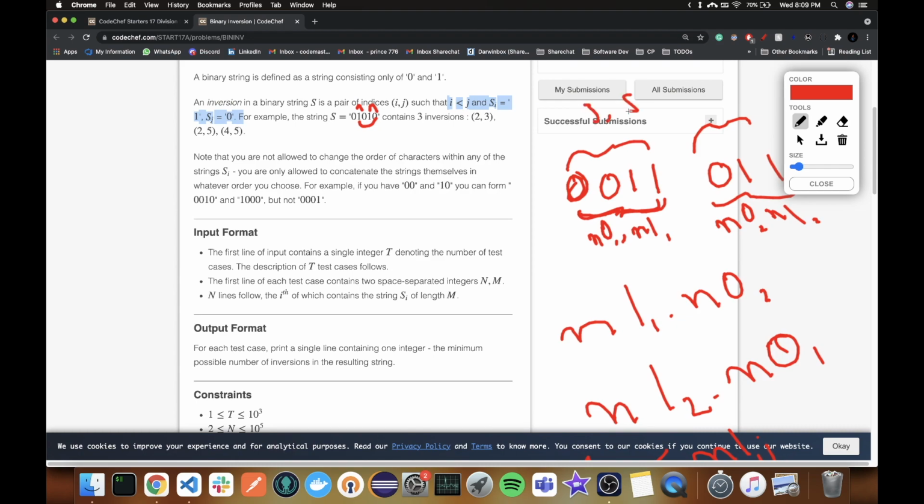Let's say it has 3 5, and it had 4 100. So here this is 1 and this is 0. So 3 times 100 would give me 300, but 4 times 5 would give me 20.